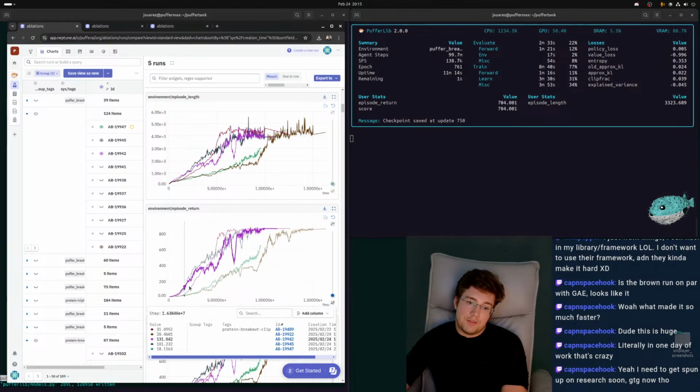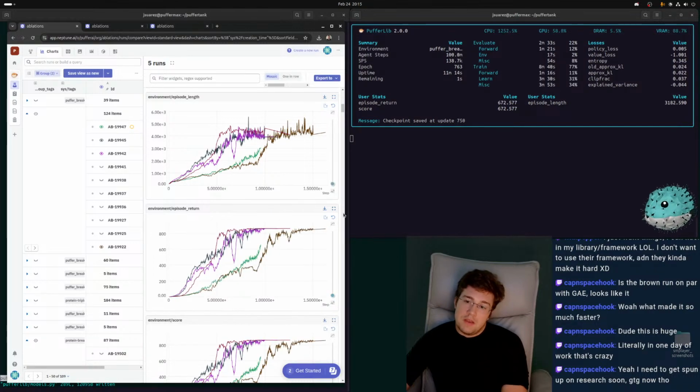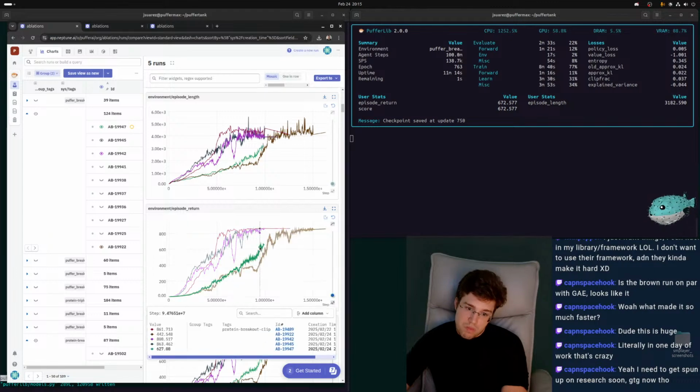Yeah, so okay, this is the nice stable curve. It's just there's some noise or something. So we'll figure this out next.